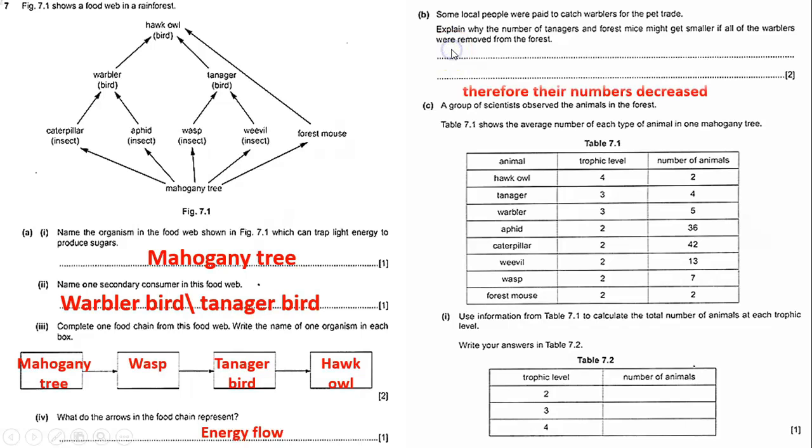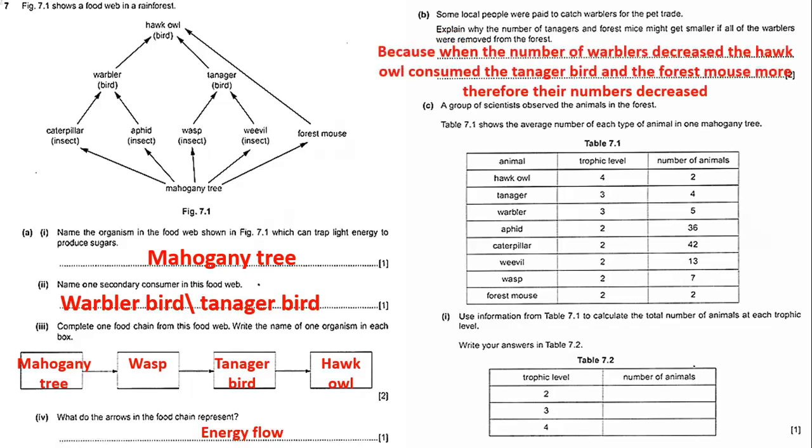That's because when the number of warblers decrease, the hook owl here will only choose from 2 choices instead of choosing from 3. So now it's going to consume the tanager bird and the forest mice more. So that's why their number will decrease.